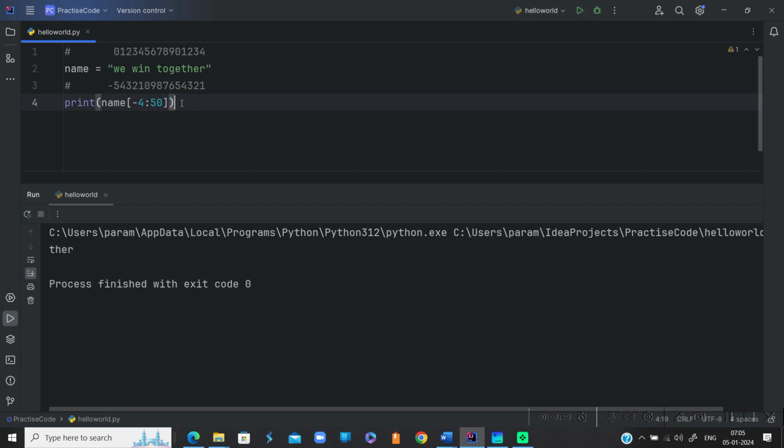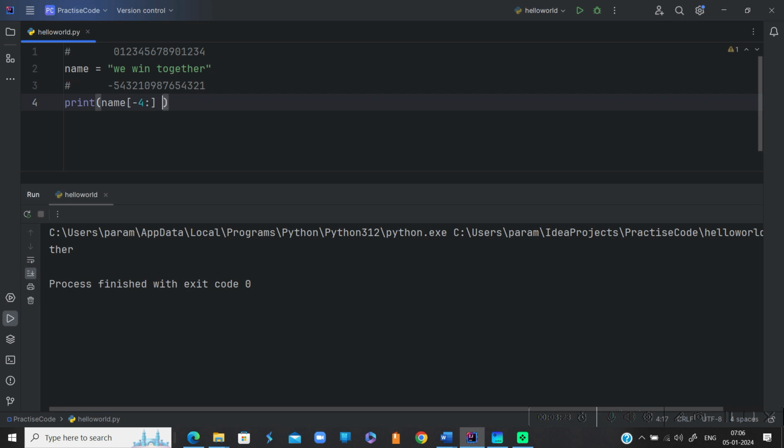There is no restriction in slicing, only in slicing, not in indexing or character arrays. It is only acceptable in slicing. Even if you don't give it, it will work.